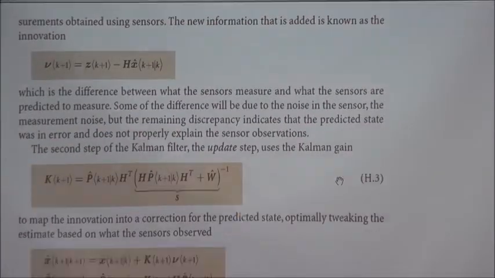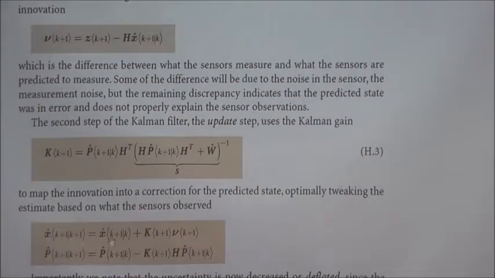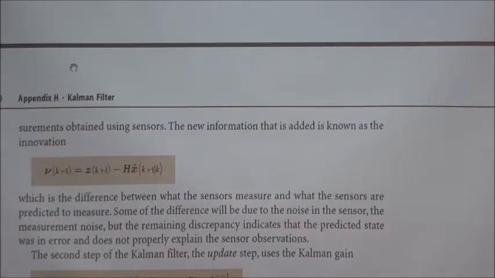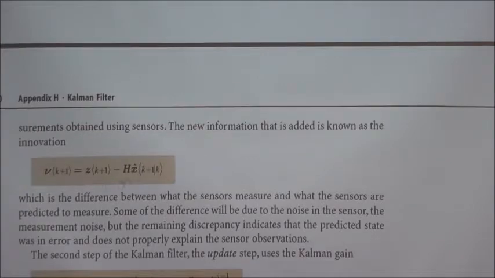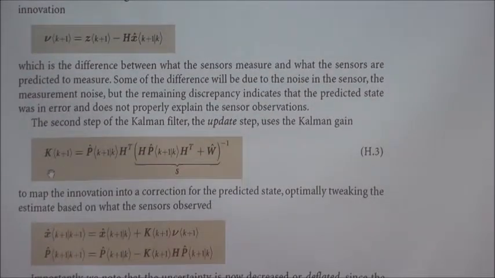There is a variable called the innovation vector mu. There is also a variable K, a matrix called the Kalman gain. Again, for a standard state estimation, you always have a gain which you have to obtain through what we call pole placement. Here you have what's called the Kalman gain.